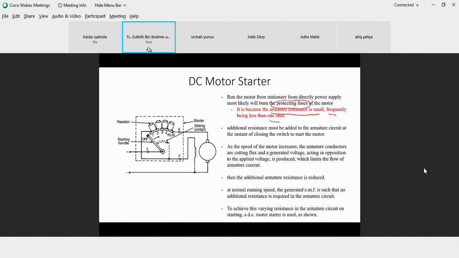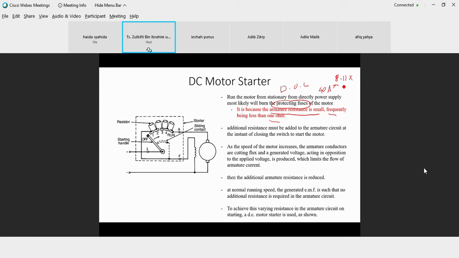This is called DOL, direct online. So it is a very high current, and you need to have a very different protection, very huge. The fuse we can calculate, because the starting current is most likely about 8 to 11 times the rated current. So let's say your rated armature current is 40 amp, but the starting current will go up to 8 to 11 times.